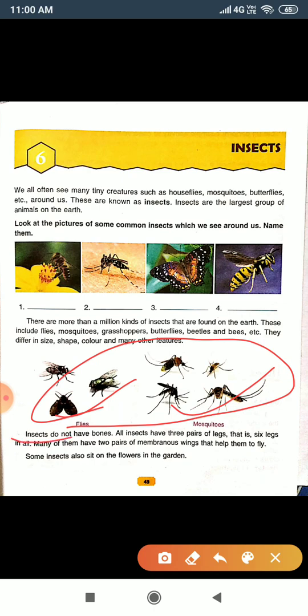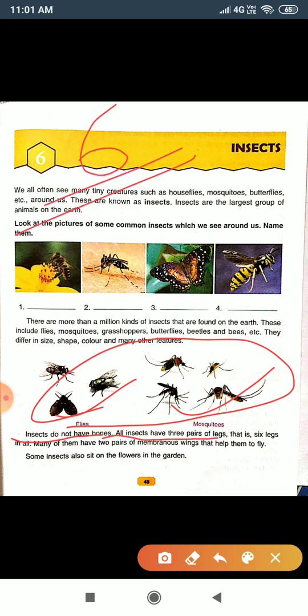This is very important for you: flies and mosquitoes are insects, and insects don't have bones. All insects have 3 pairs of legs. How many pairs of legs are there? 3 pairs of legs in all insects, which means the total legs are 6.